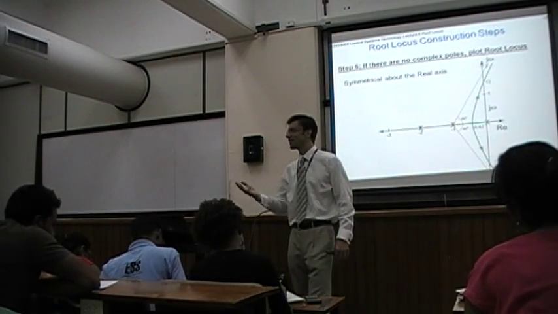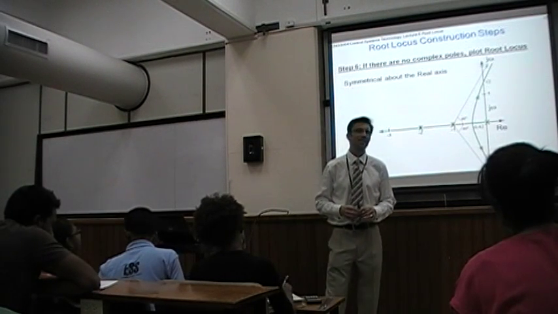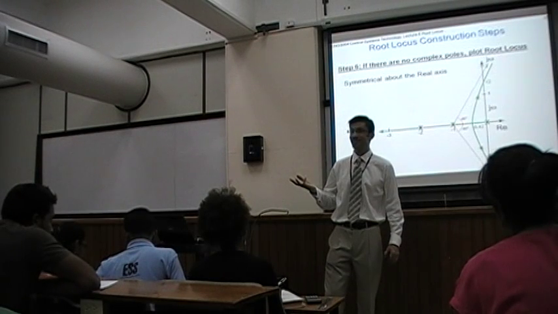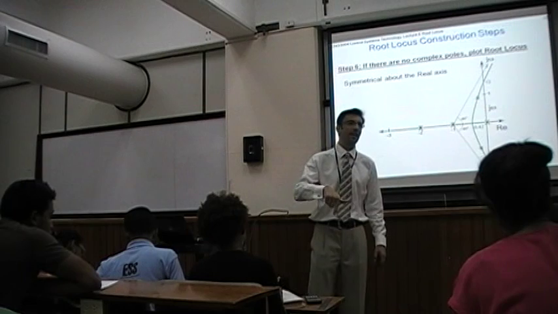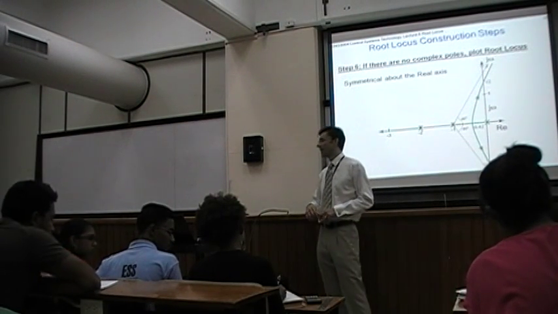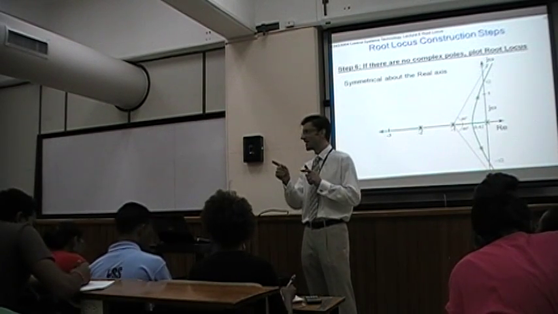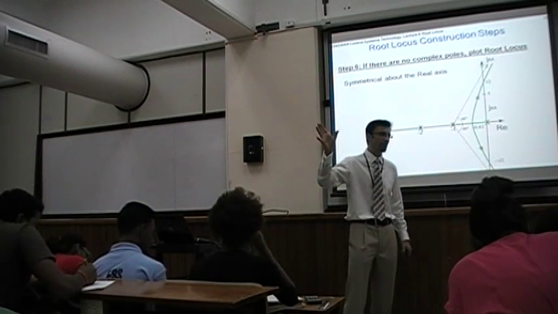Okay, how many values of k do we have? How many values of k would we normally use? Well, 3 if you've got 3 poles. So it's usually 1 value of k per pole. Because generally speaking, it's 1 value of k for each n minus m, because that's how many, what we call asymptotes, go off into infinity.